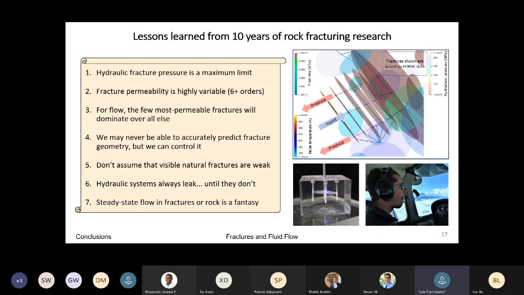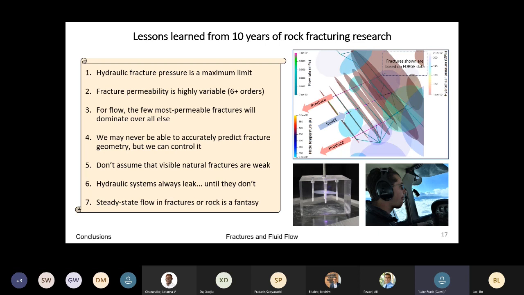So for fluid flow, this was mentioned way earlier about EGS development. But in fluid flow, the largest, most conductive fracture is what's going to dominate the system. When you consider natural heterogeneity, that brings in a really complicated problem.